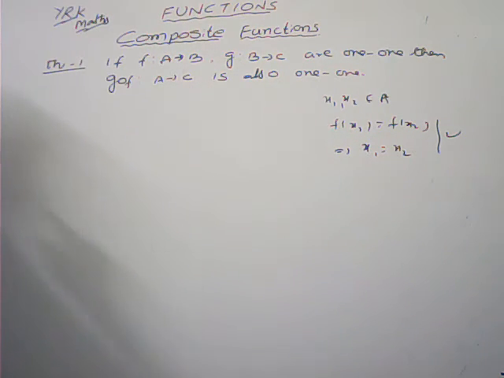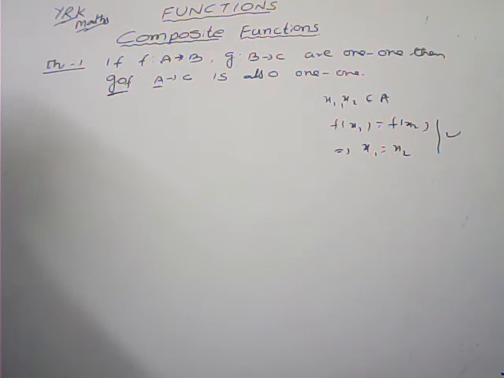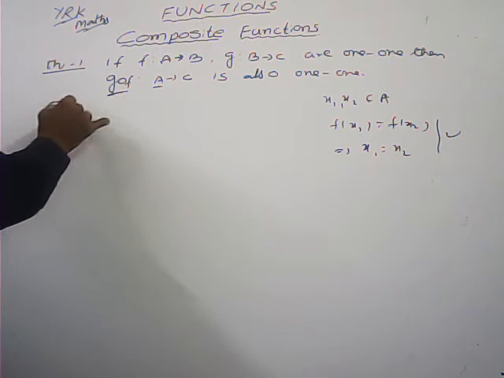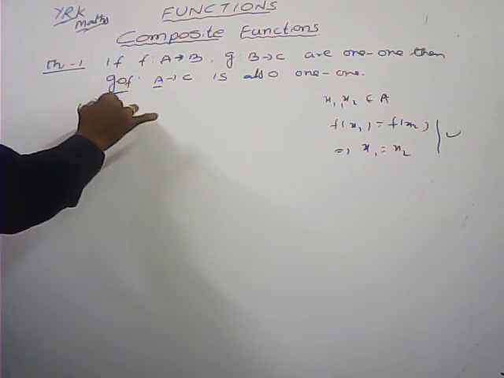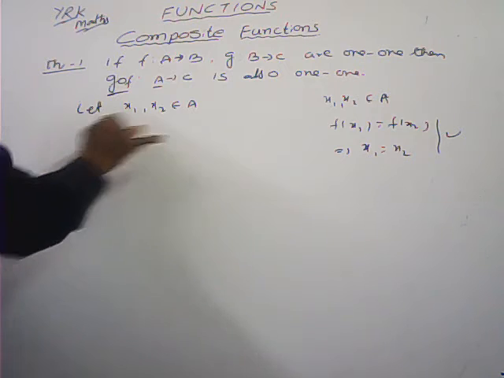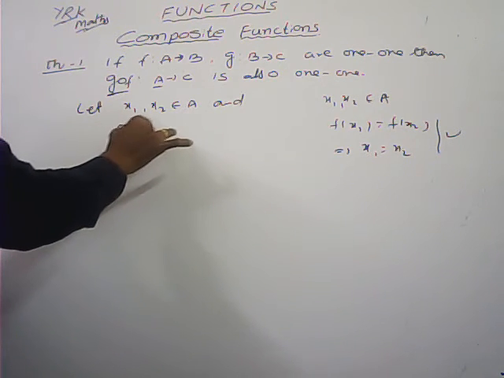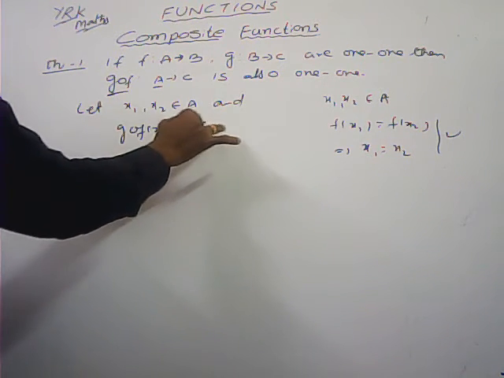Now here also, what is the domain of g circle f? That is the domain of f only, A. Here also I am taking any two elements, let x1, x2 belongs to A and g circle f of x1 is equal to g circle f of x2.